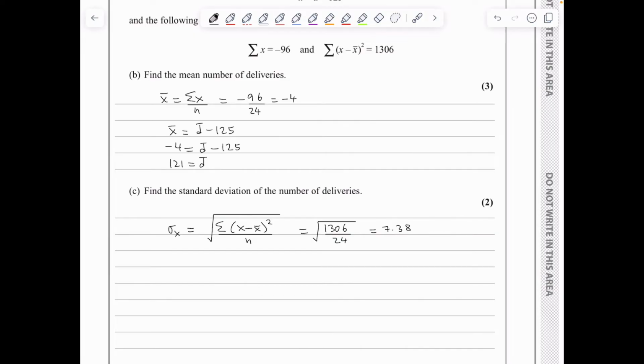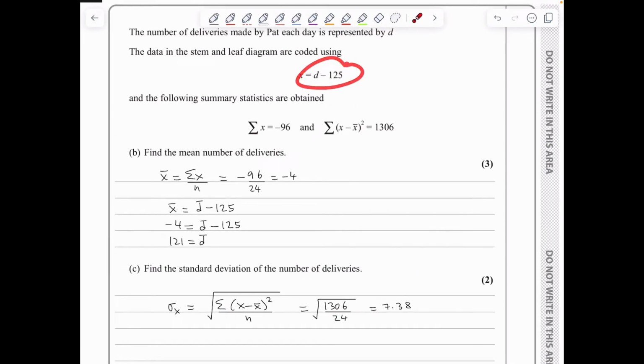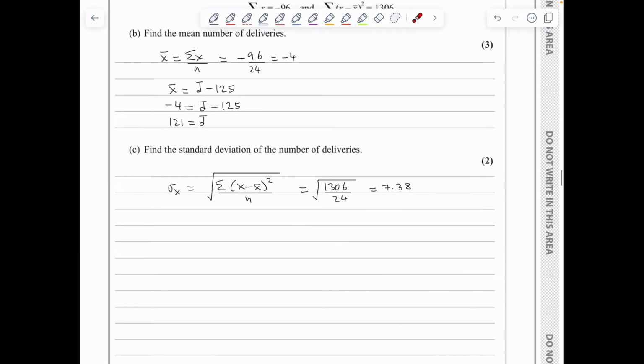Well, since x is d minus 125, we know that deducting or adding a constant does not affect the spread, the variability, and therefore the standard deviation of x is equal to the standard deviation of d, which simply means that the standard deviation for d is 7.38.